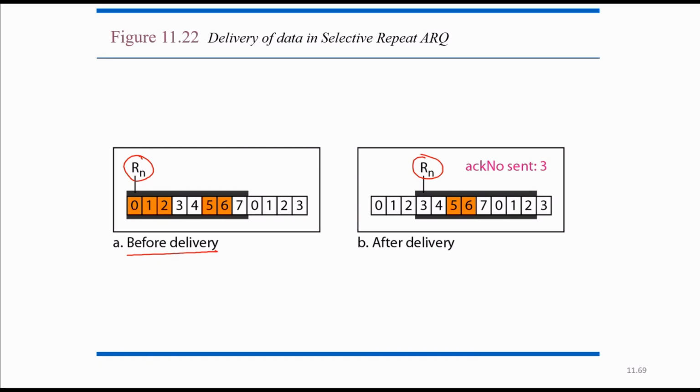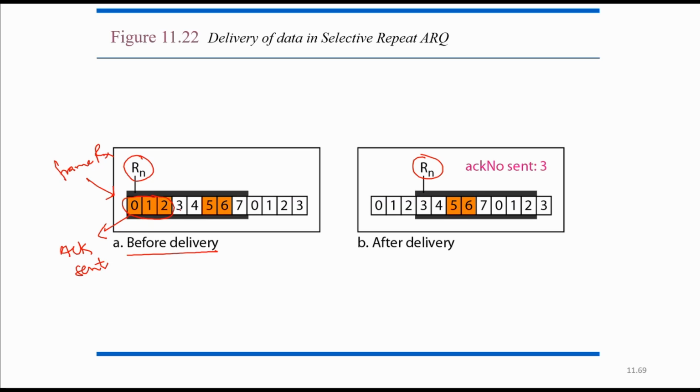Frames 0, 1 and 2 are the ones whose frames have been received and whose acknowledgement has been sent. If this is the case, it will be marked.